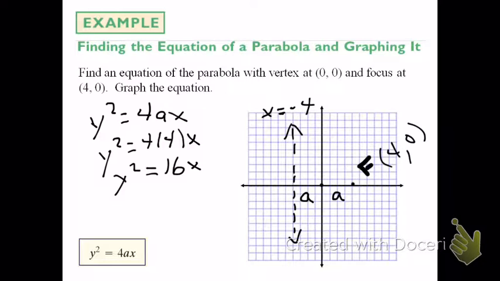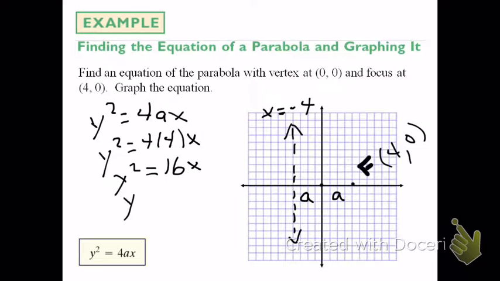Now, in order to graph this parabola, we need to find some more points besides the vertex on the parabola. So we're going to plug in some x's here to find some y's, some ordered pairs that we can use for other points on the parabola. I'm going to suggest that we actually just plug in x equals 4 here, which would coincide with the x coordinate for the focus.